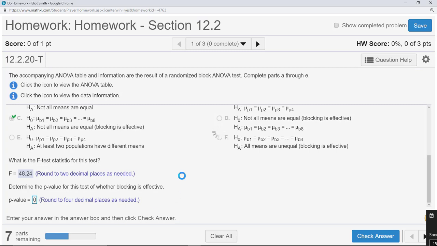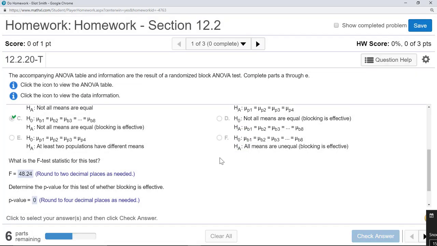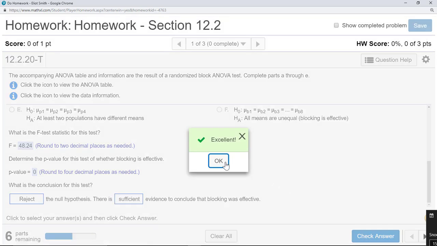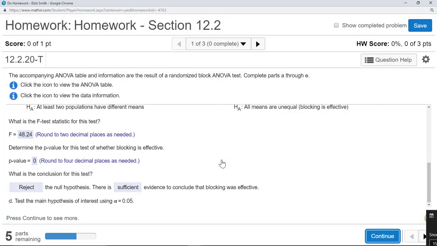And we only have to put in 1 0 for Pearson. And the p-value of 0 is definitely less than 0.05. P-value less than alpha is reject. There is sufficient evidence to conclude that blocking was effective.